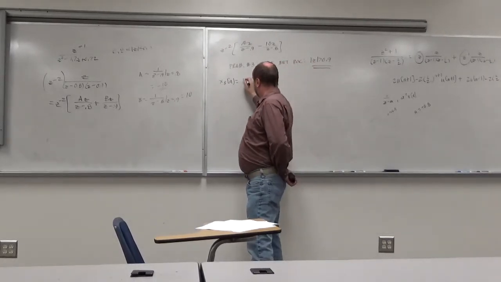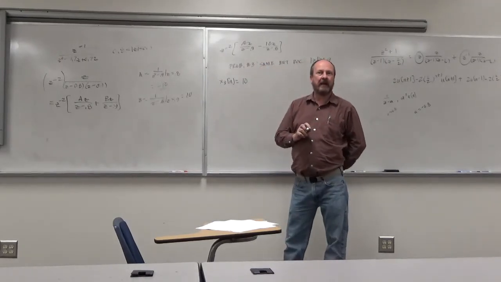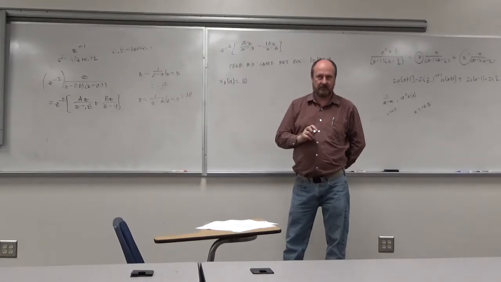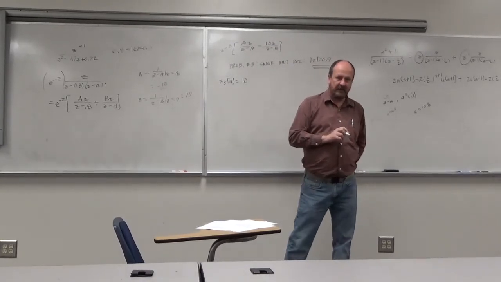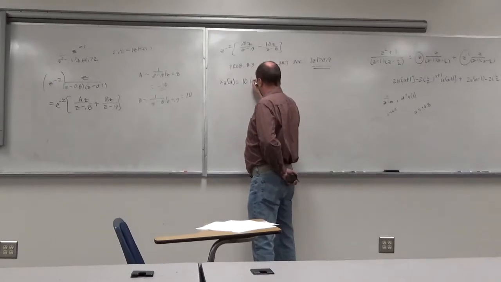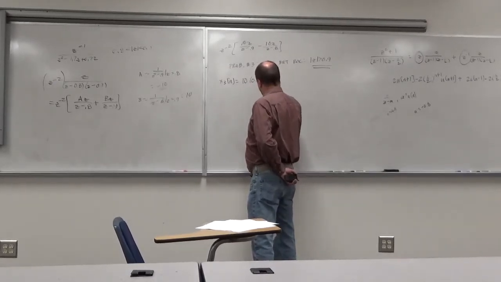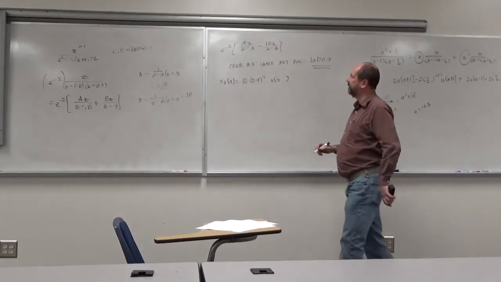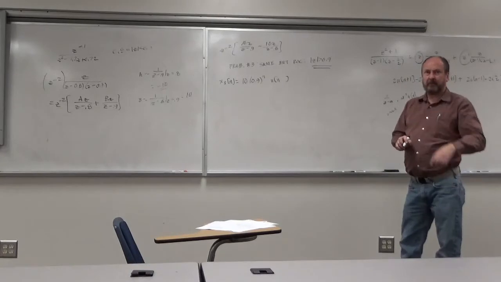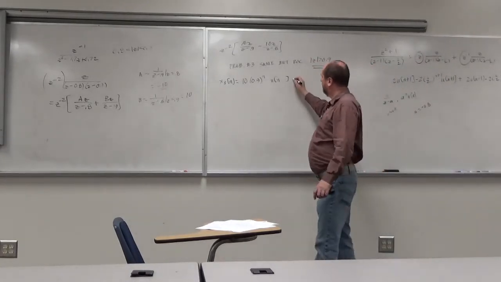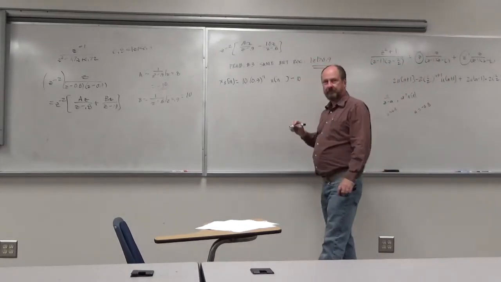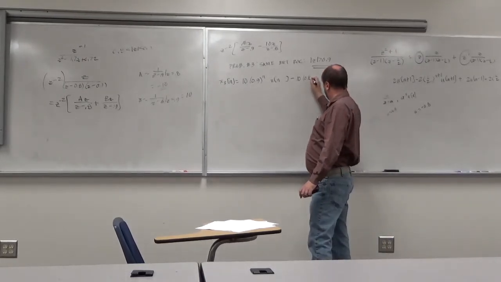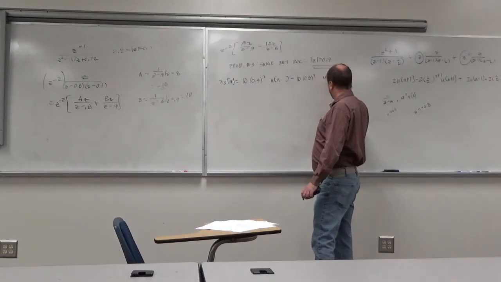I'll get you started. 10 z over z minus 0.9 looks like 0.9 to the n u of n, I'm cleverly leaving some space. Okay, what's the second one? I did the first one, you did the second one. 10 times 0.8 to the n, leaving space, u of n.